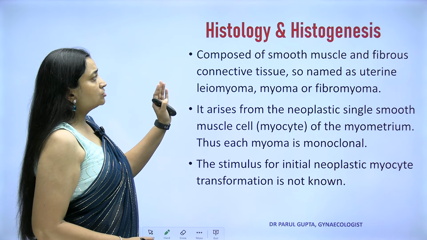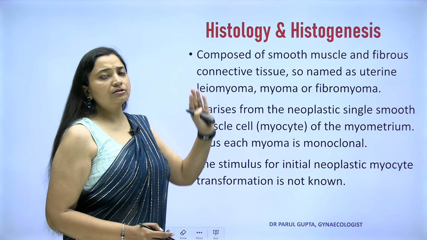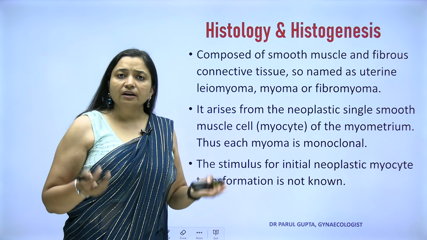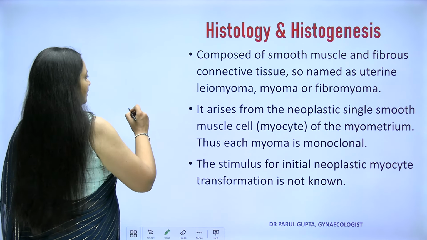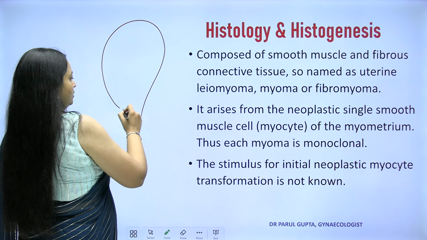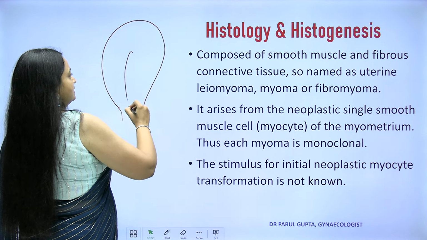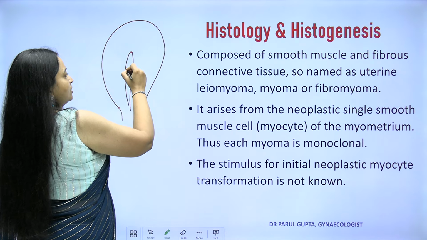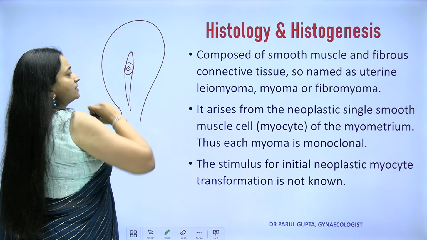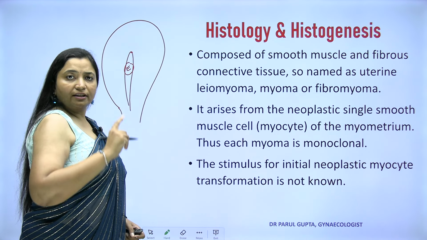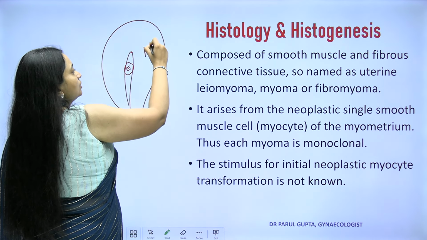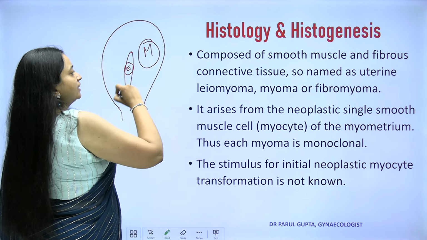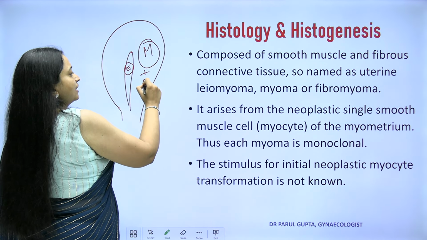What is the histology and histogenesis of fibroid? What do we mean by fibroid? All of us know that this is a normal uterus. It contains a layer inside which is the endometrium, which we studied in the menstrual cycle, where the hormonal changes occur. And this is a total muscular layer, muscular plus fibrous layer.